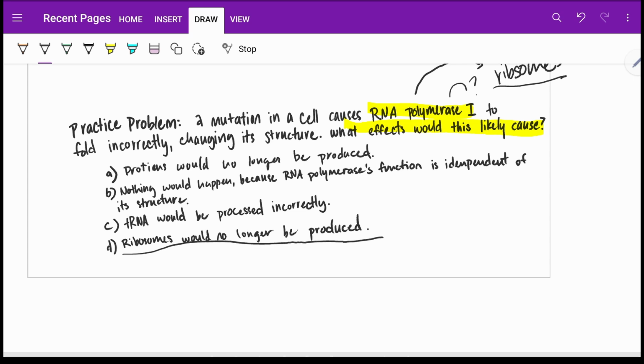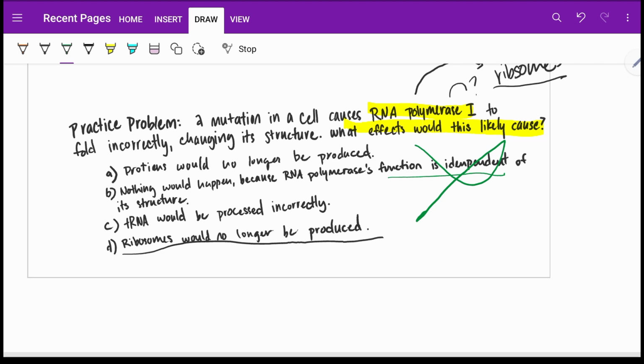Now, if you don't happen to know that information, we can also try process of elimination. First of all, as I've just hammered into you, a protein's function is heavily dependent on its structure. And so B, where the function is independent of its structure, is completely wrong. Protein structure and function are inseparable.